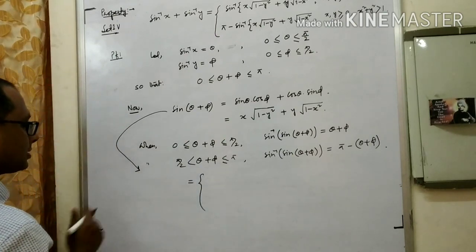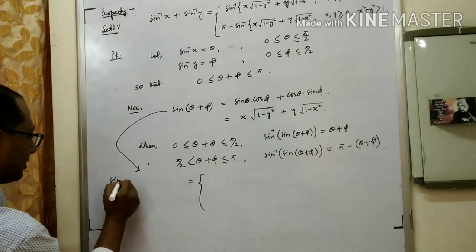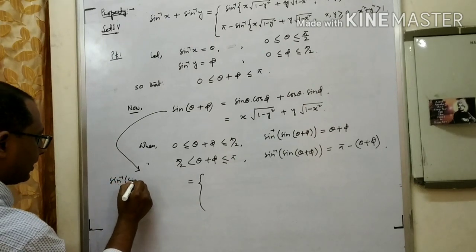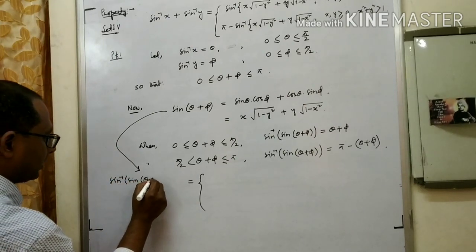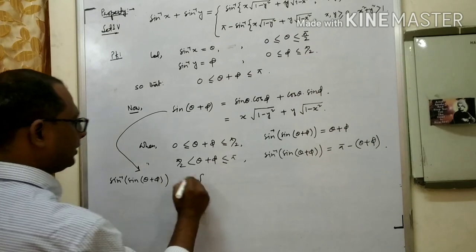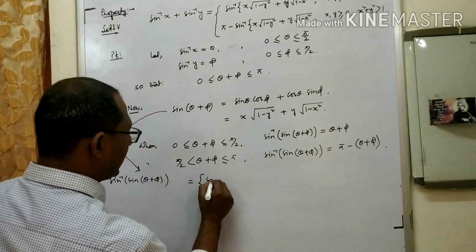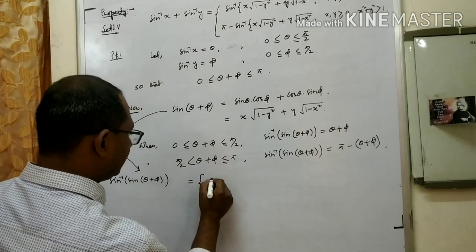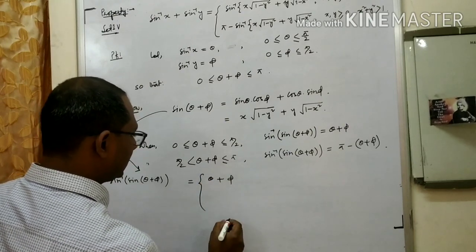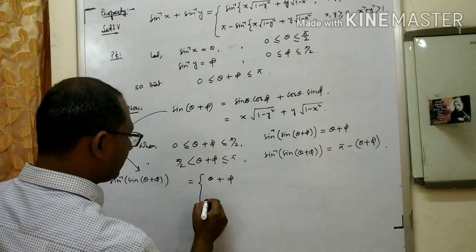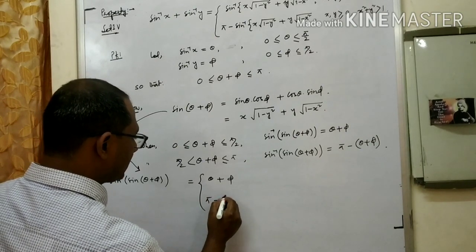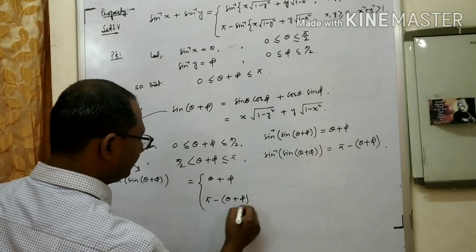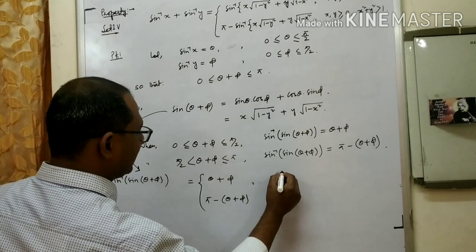Let's write it like this: sine inverse of sine of theta plus phi will be equal to theta plus phi. Otherwise I'll get pi minus theta plus phi.